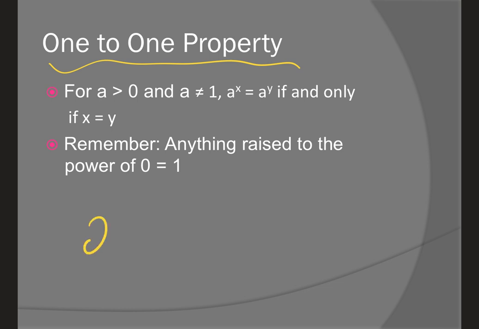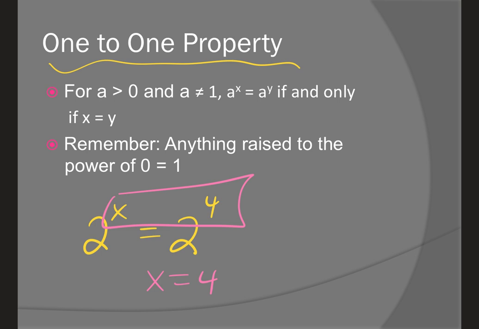So if I had something like 2 to the x equals 2 to the 4th, as long as the bases are the same, I can totally disregard the bases, just grab the exponents, and I would get x equals 4, okay? We're going to do a little bit of work before we get to that point, but that's the idea of the one-to-one property. If I can get the bases to be the same, then I can set the exponents equal to each other.